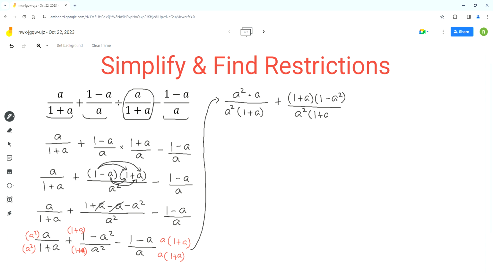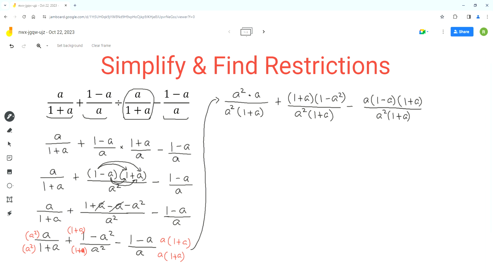So that's our second fraction. And now in the third fraction, we get a times 1 minus a times 1 plus a over a squared times 1 plus a.